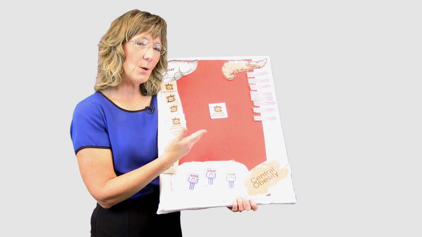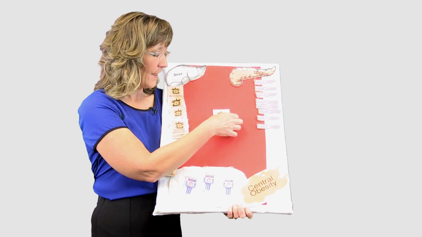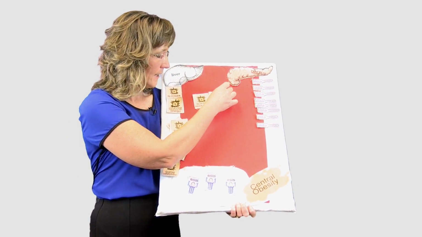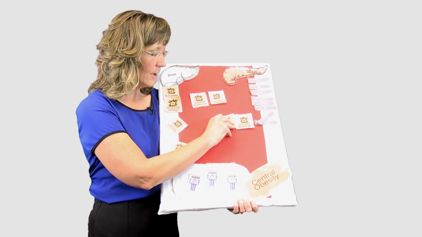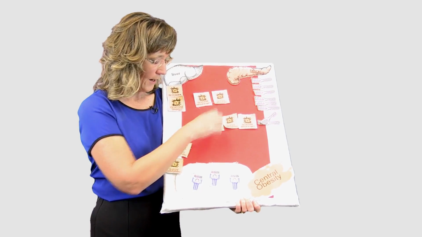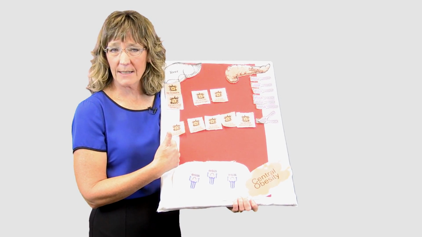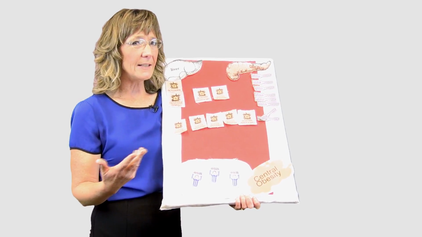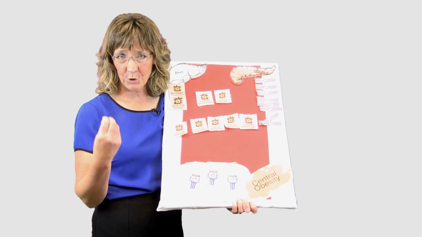This is basically what our foods are made up of, the foods that contain carbohydrates. They are made up of sugars linked together either as short little chains called simple sugars or as longer chains called complex carbohydrates. But the bottom line is every single one of these carbohydrates is still made up of sugar.